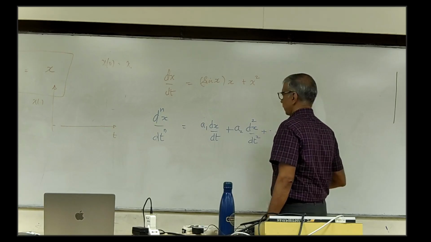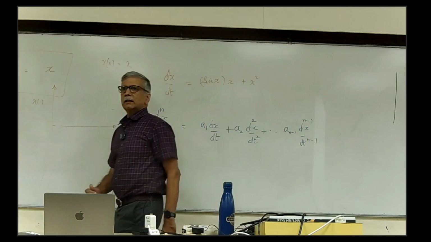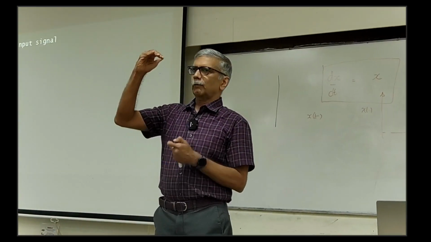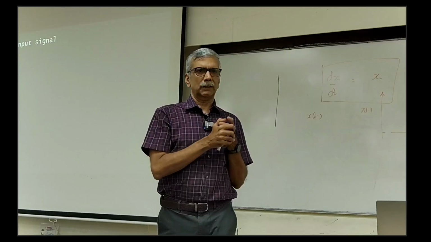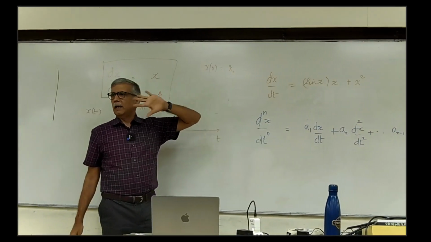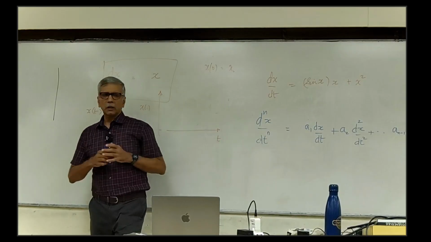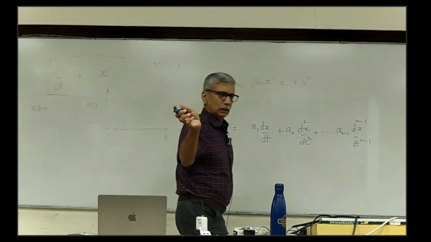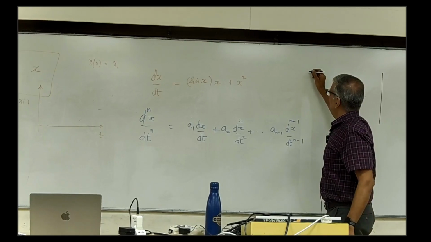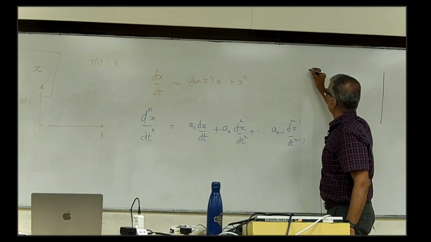Now one could write this nth order differential equation as a set of n first order differential equations. So instead of having one nth order differential equation, you could write it in terms of, so what he said was something like again a mass spring system. So you have an equation like this.